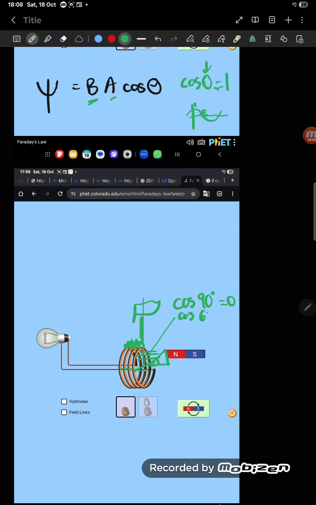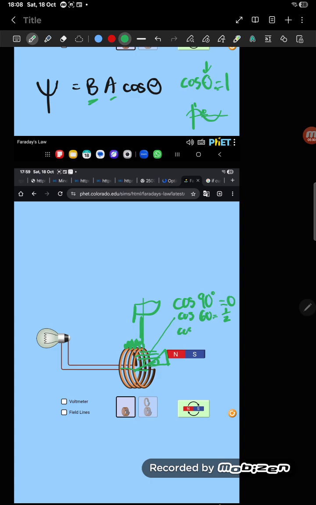So what does this mean? The greater the angle between 0 and 90, the smaller the cosine. Let's pick another angle. Cos 60, come on, cos 60 is 0.5, not root 3 over 2, that's silly, sorry. It's 1 over 2.